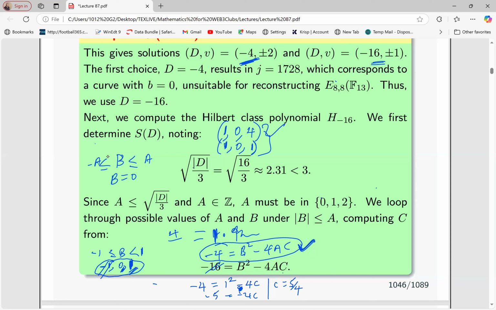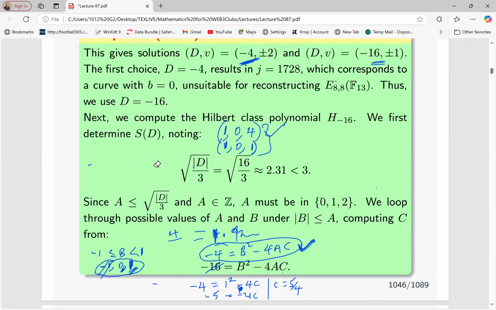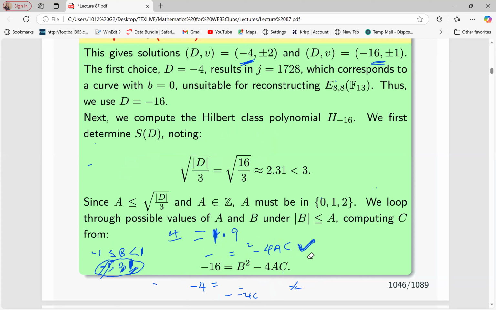Now we have our sets ABC. What follows is to calculate the Hilbert space polynomial. So let's move on with our notes. We have obtained our two sets.